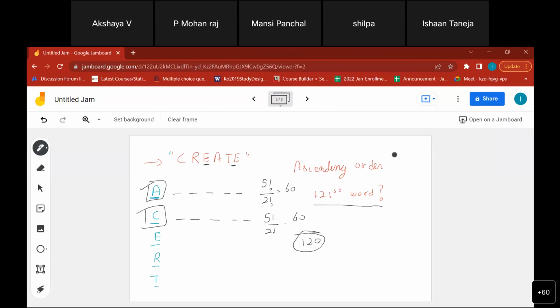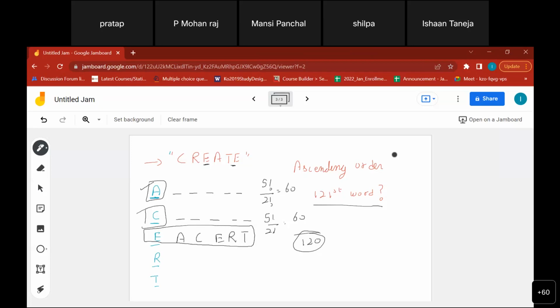What would be the next word? E, A, C, C, E, R, T. Right? This would be the 121st word. Is it clear?